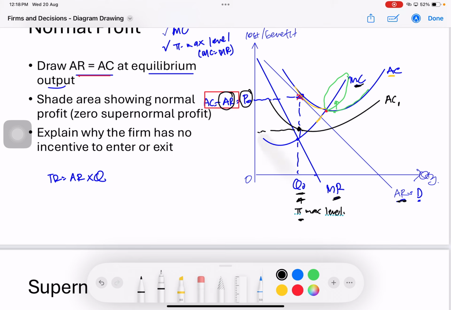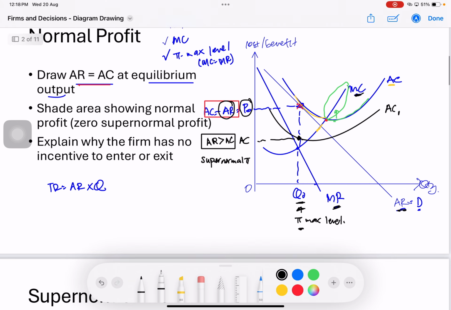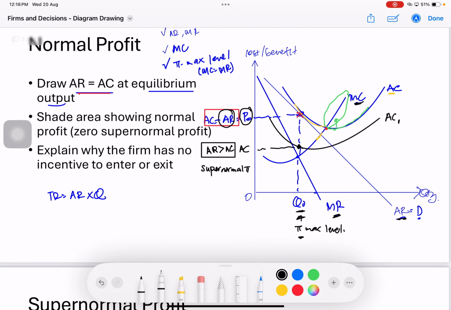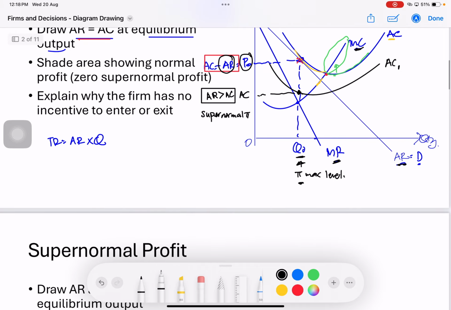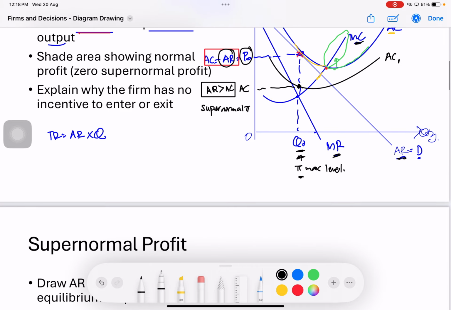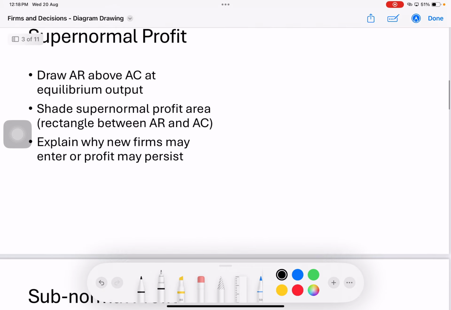Because of that, your AR is more than AC. Therefore, this is a supernormal profit. Okay? So I'm just making the process a little bit quick for you because I'm just using this slide to go through. But on your own, please draw your supernormal profit and then lastly your subnormal profit.